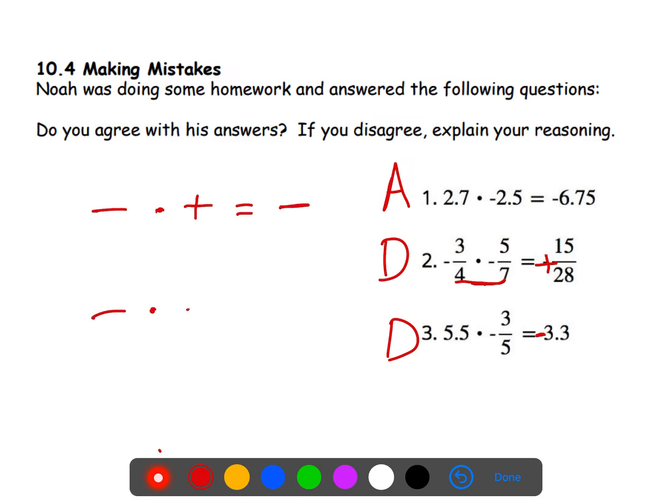But if we multiply 2 negatives, what we get is a positive. Very important to learn. This is basically the rule for multiplying rational numbers. So learn it, get familiar with it. We're going to continue to use this as we do multiplication and division.